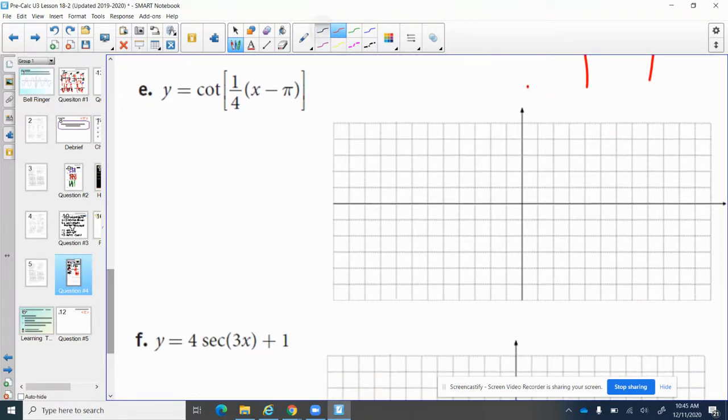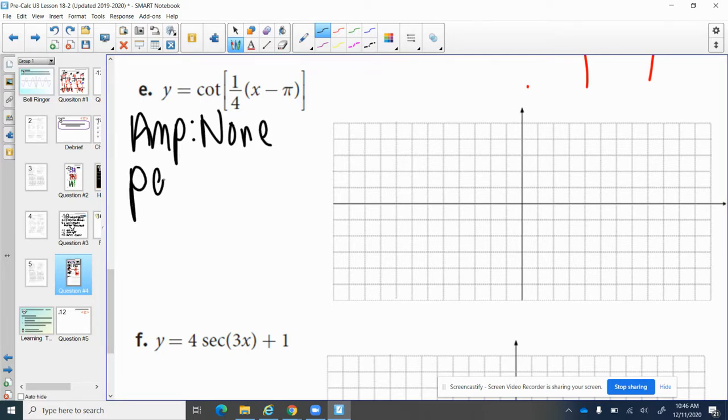Cotangent is again going to not have an amplitude, and its period is only going to be pi divided by b. So pi divided by 1/4, which is really pi divided by 4 over 1, or 4 pi.